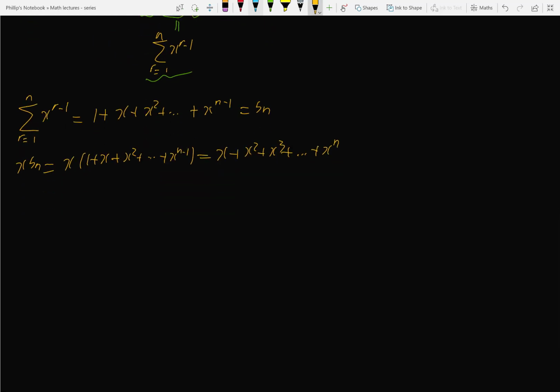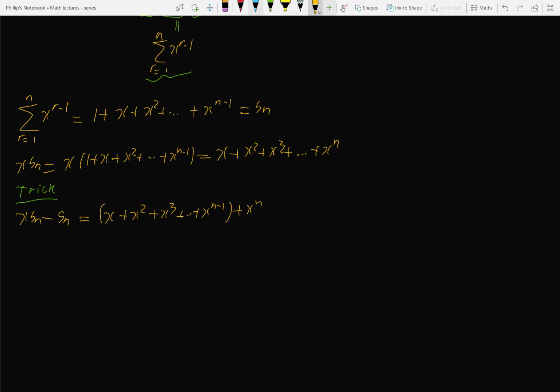All we do is take x S_n minus S_n, and what does that equal? Well, let's have a look. Let's write it down again. So I'm going to write down x plus x squared plus x cubed, all the way to x to the n minus 1, because these are what's common in both.